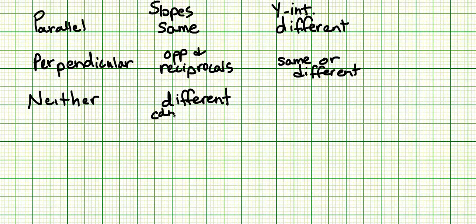What if they were opposite but not reciprocals? Fine. What if they were reciprocals but not opposite? Then they'd be neither. They can't be both opposite and reciprocals. Otherwise, it's going to throw you back up into the perpendicular section again. And the y-intercepts of lines that are neither perpendicular nor parallel, they could be the same because they could end up being the same line.